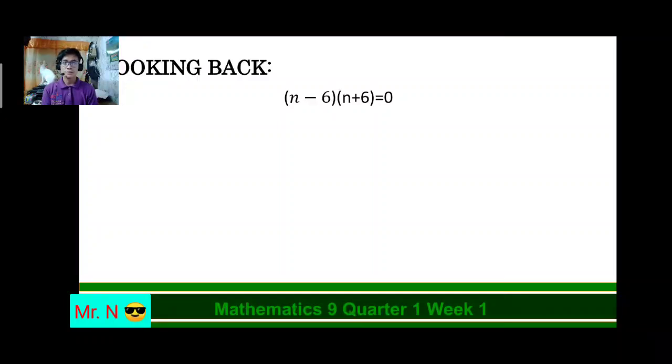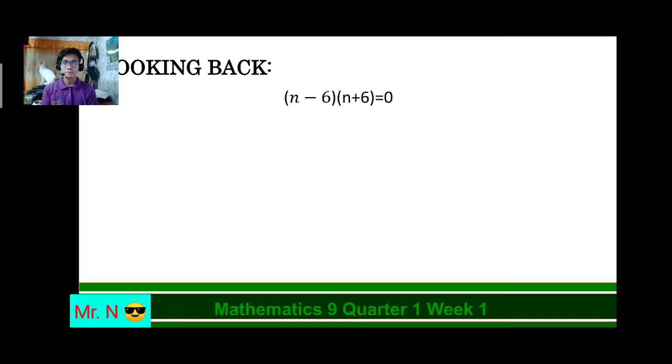For us to identify if it is quadratic or linear, we should simplify it first. To simplify, we just need to multiply them, and to multiply them easily, we're going to use the FOIL method.